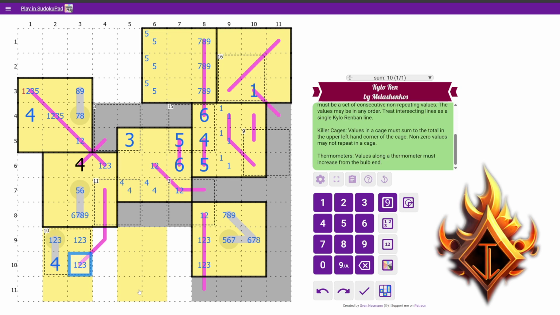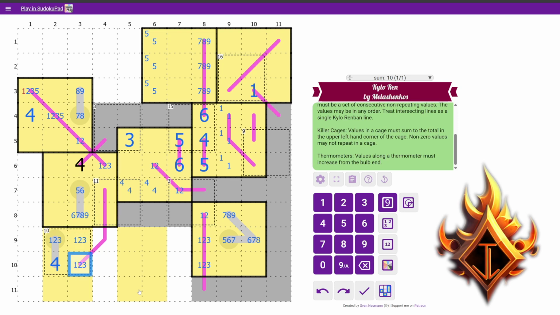If this is 2, there would have to be another 4 here. This could be 1, 3. That could be 7. Or it could be 3, 5. And that could... Okay, that would not work.